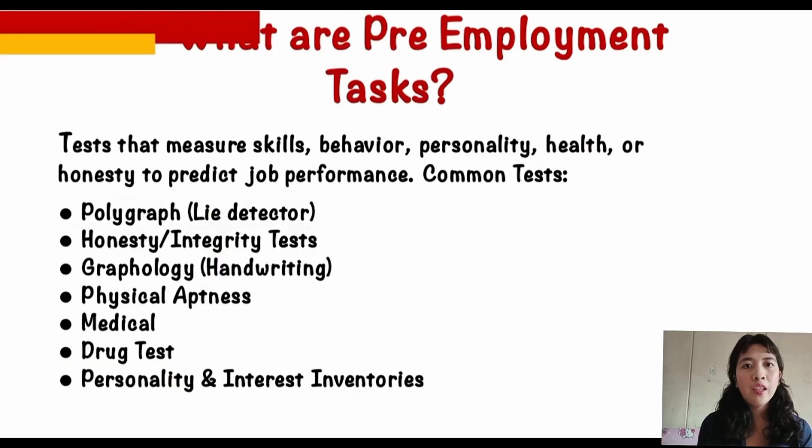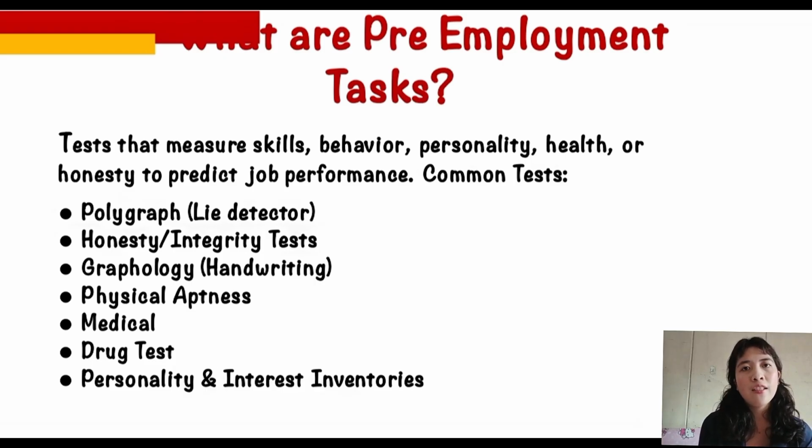So we have here the pre-employment tests. We have the polygraph or lie detector, the honesty integrity test, graphology or handwriting, physical aptness, medical, drug test, and personality and interest inventories. Companies use different tests depending on the job.